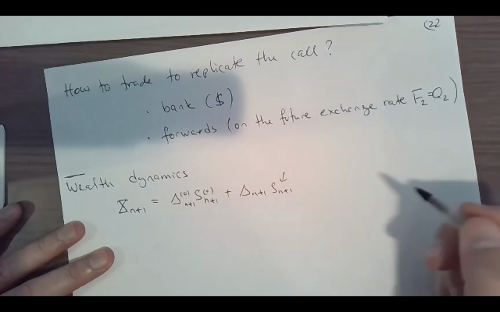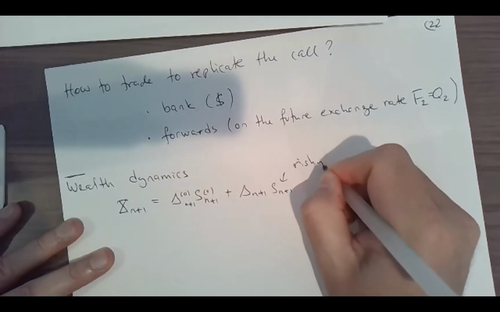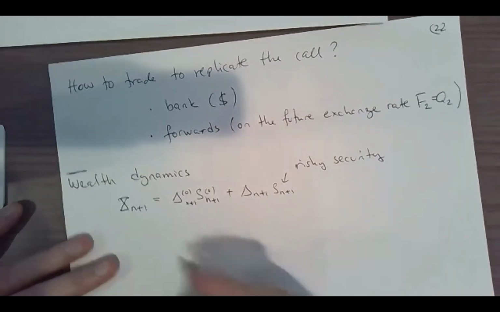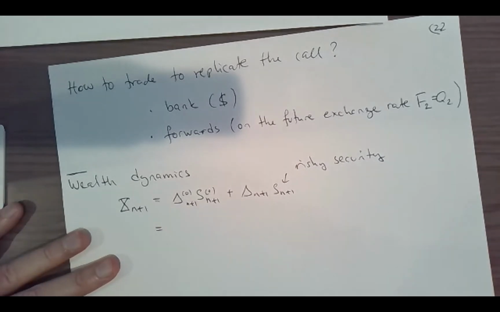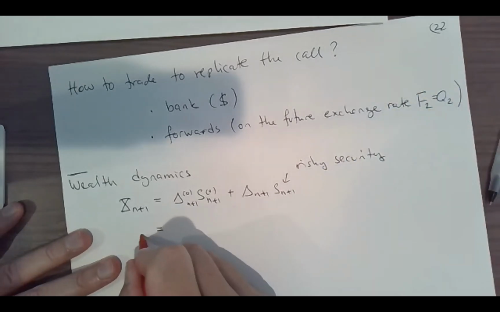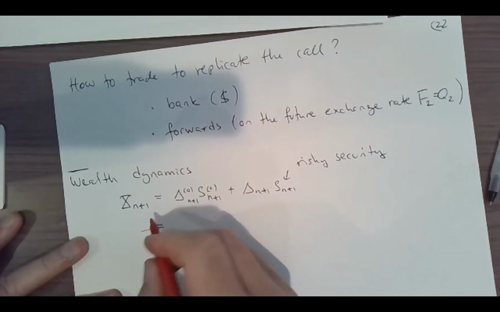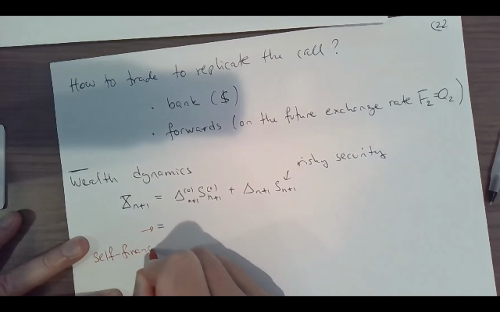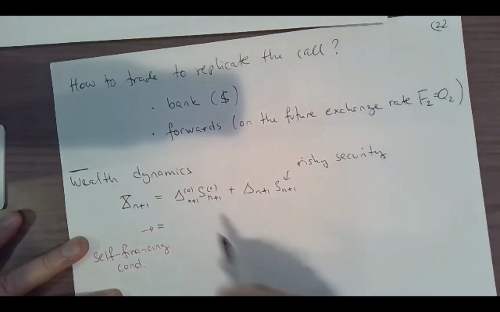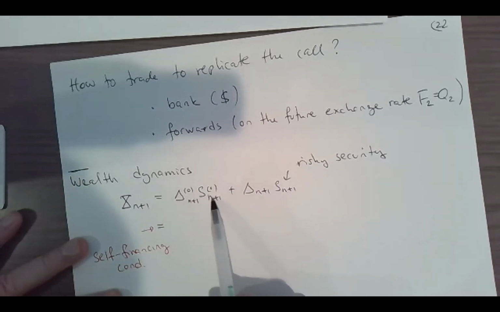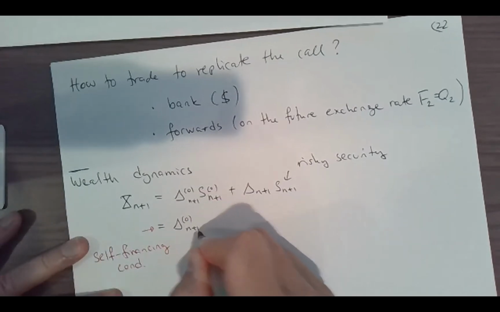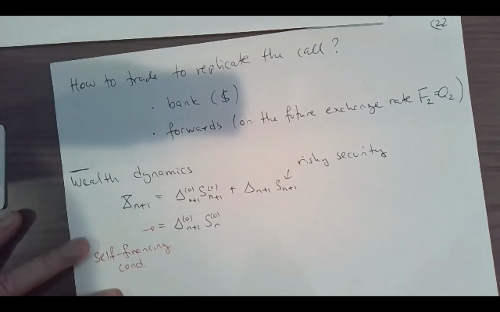So this here is the risky security. So we use a self-financing condition, which we've had before. It says that whether I put n plus 1 at the prices or not, I'm going to get the same value. So here I can write Sn0.